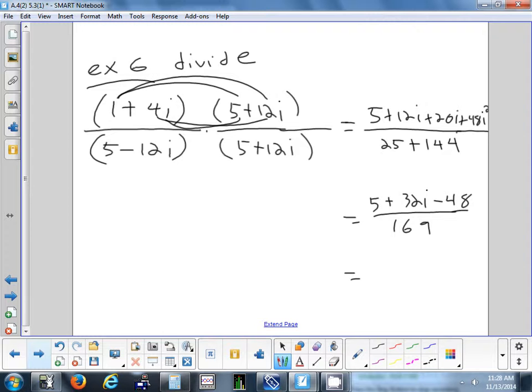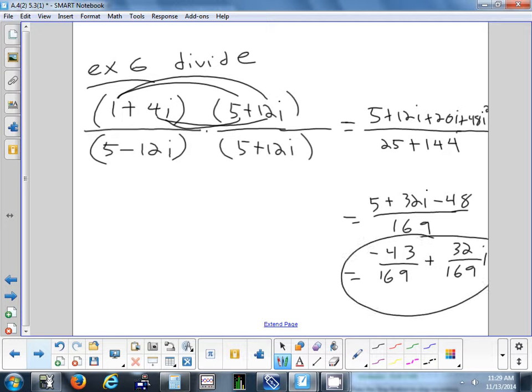Okay, and to finish up, just write each part with 2 separate denominators of 169. We have 5 take away 48. What's 5 take away 48? It's negative 43. Good, negative 43. And then I have 32. That's my imaginary part, and it's positive.